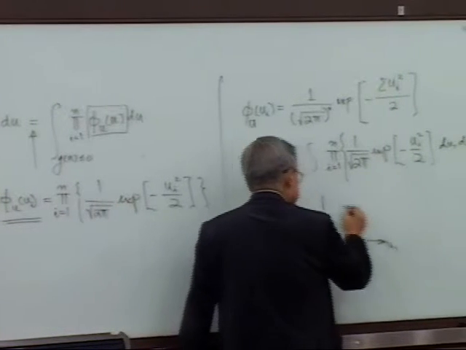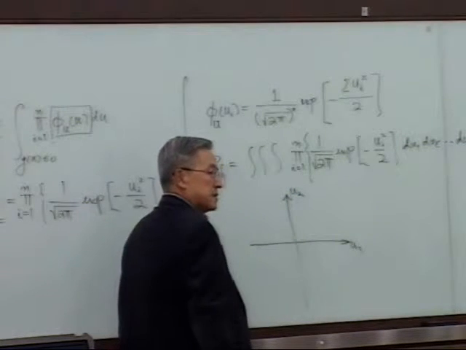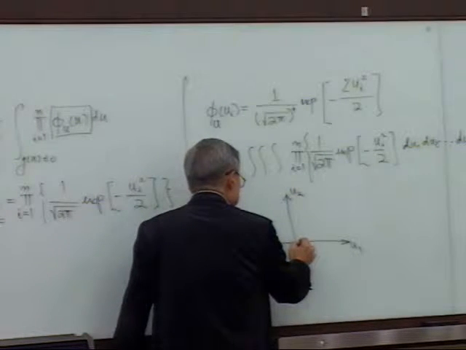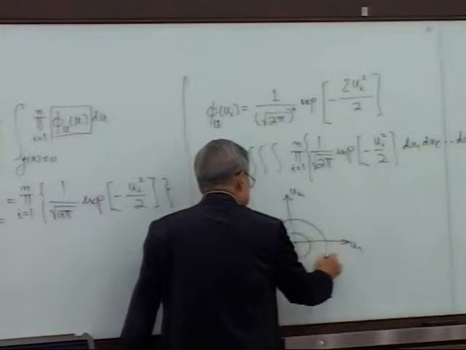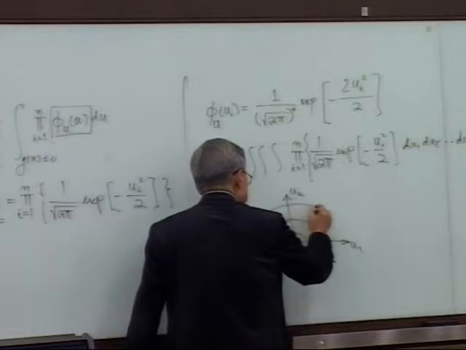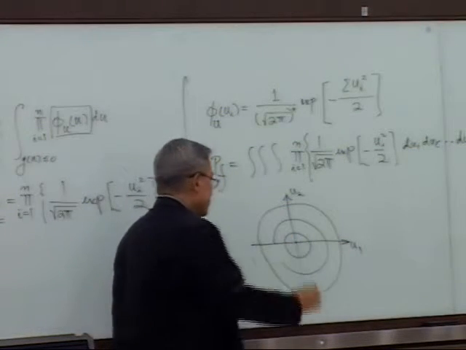But the good thing about working in the U space, let's say this is U1, U2, then you can draw the contours as concentric circles, right?